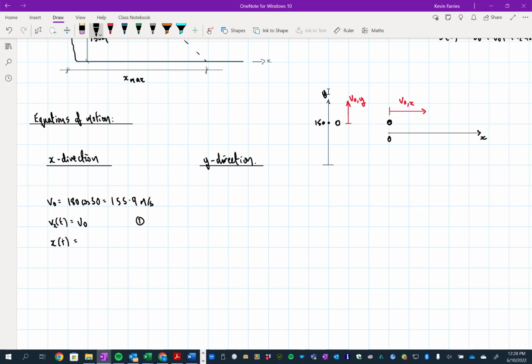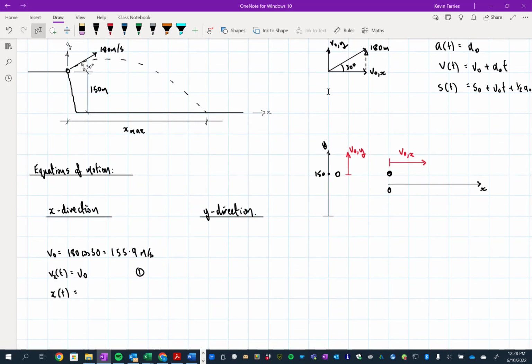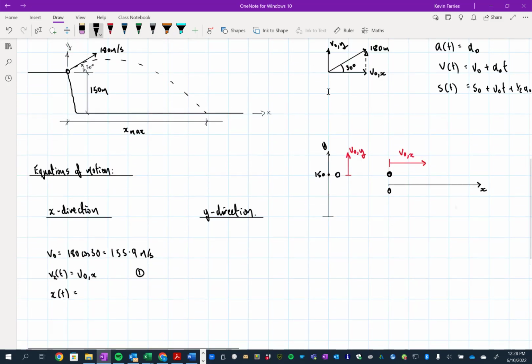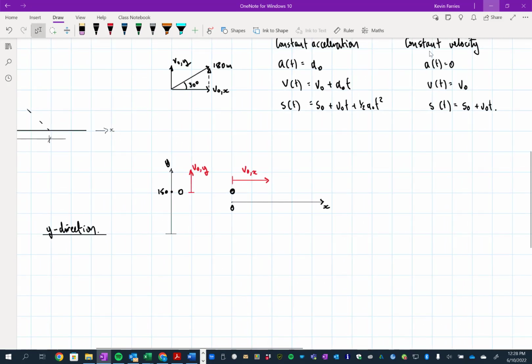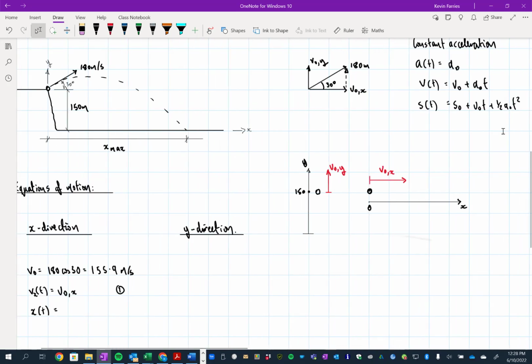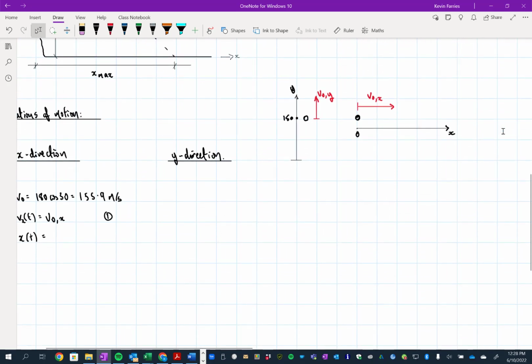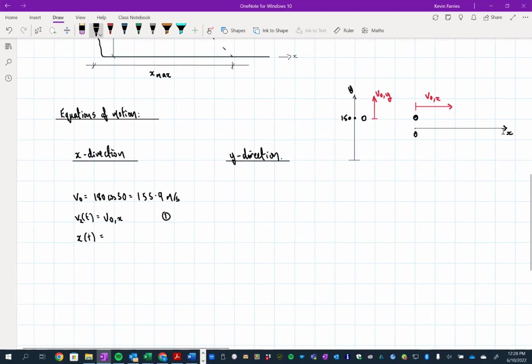It would usually be s naught plus v naught t, but in our case, in the x direction, the initial displacement is 0, so it's just v naught x times time, call that equation 2.